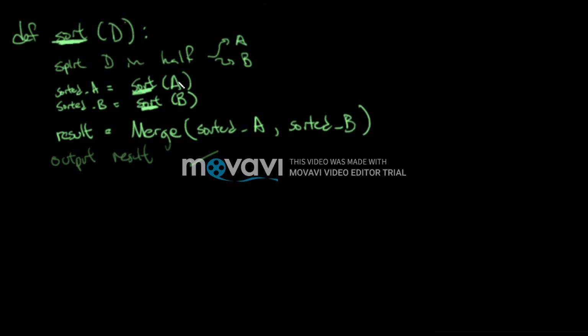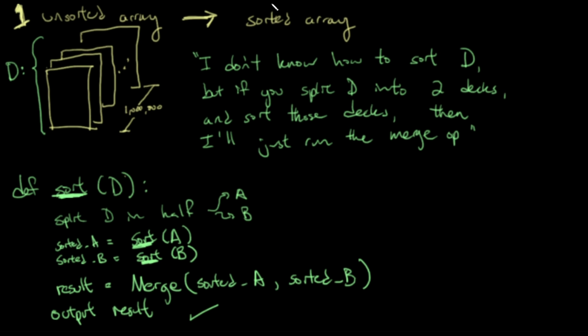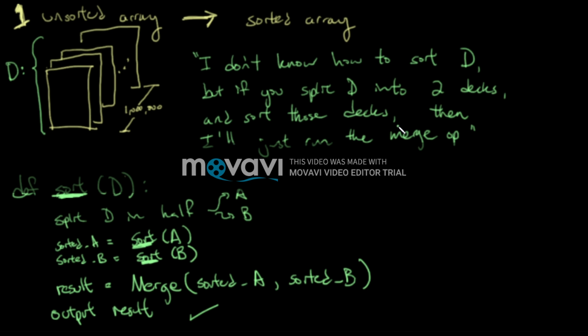This would lead to infinite calls of this sort method. So we have to stop somewhere, and the intuition behind where to stop is to look back at this quote: I don't know how to sort D, but if you split D into two decks and sort those decks, then I'll just run the merge operation on them.